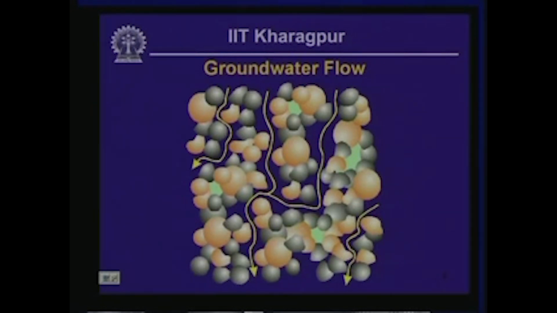We have not shown the adsorbed moisture, which is held by electrical bond on the surface of individual soil particles, in this particular cartoon, but that portion of soil moisture, as we have already stated, is also not going to be considered a useful source of groundwater.